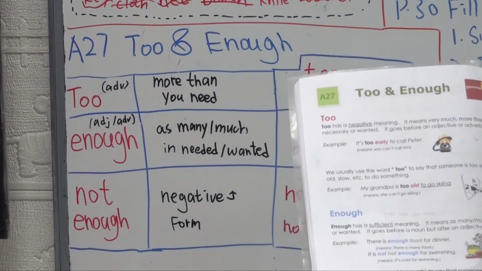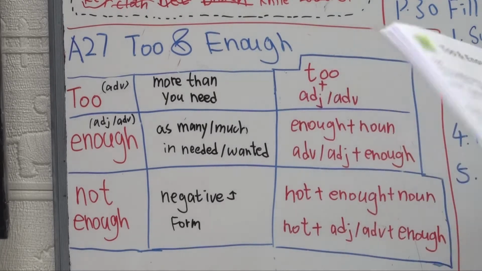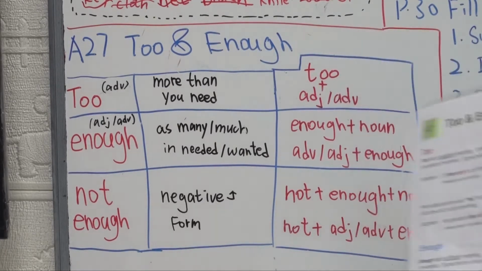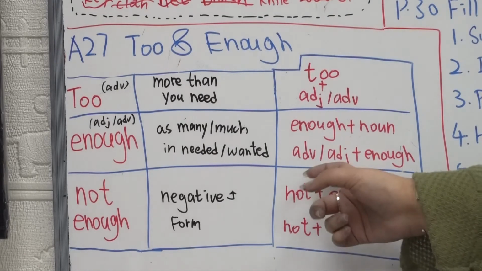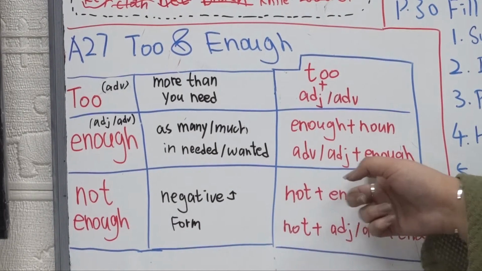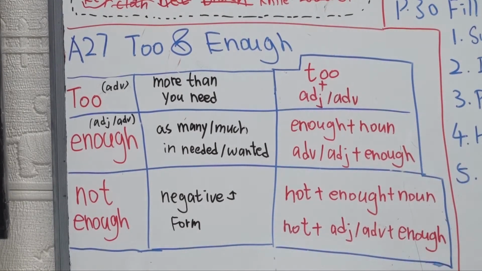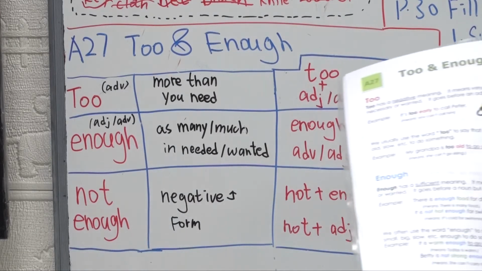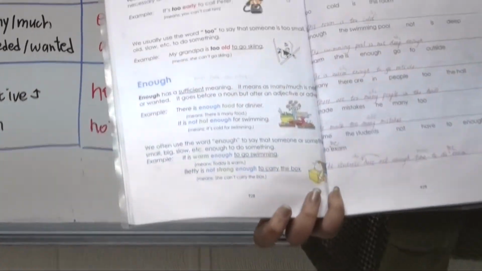Example 2. It is warm enough to go swimming. So here it is used as an adverb. Warm enough to go swimming. Next one, not strong enough. Betty is not strong enough to carry the box.